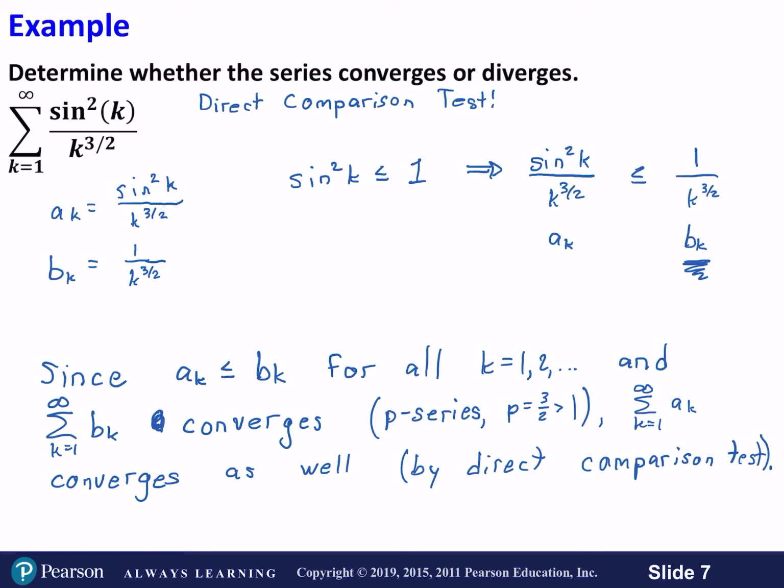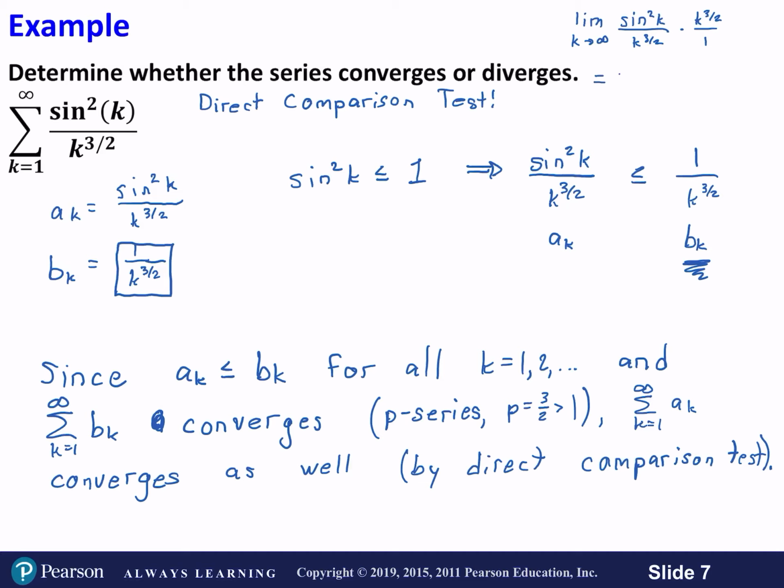All right. So I told you at the beginning that a limit comparison test was probably not a good idea for this problem. The reason that a limit comparison test would ultimately not work is because if we were to use the same choice of b_k, then what we would have to compute is this limit. The limit of a_k over b_k would be sine squared of k over k to the 3 halves times k to the 3 halves over 1.